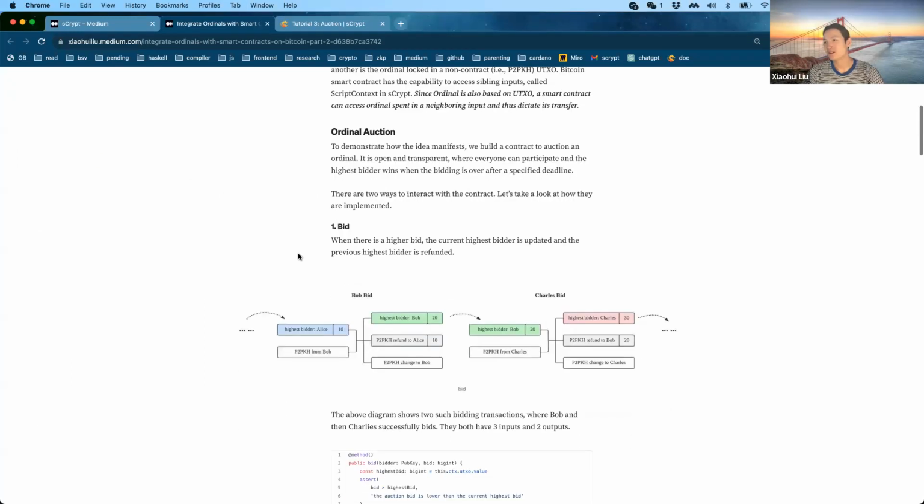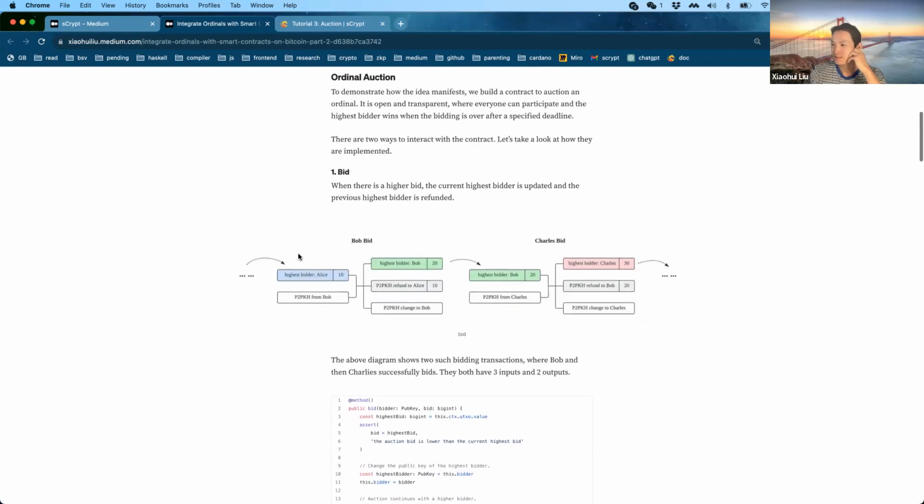This auction is a highest-bid-wins auction. I forget whether it's Dutch or English. Anyway, the highest bidder wins. In this case there are two phases.